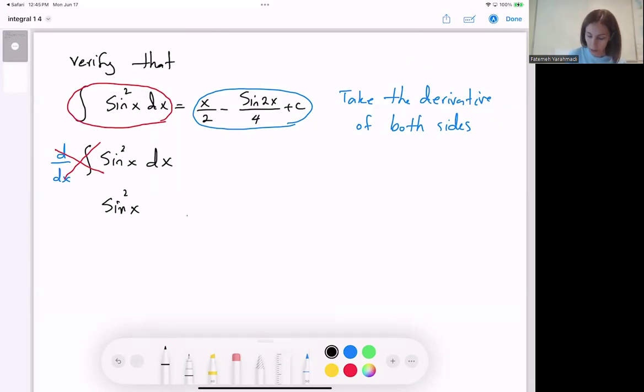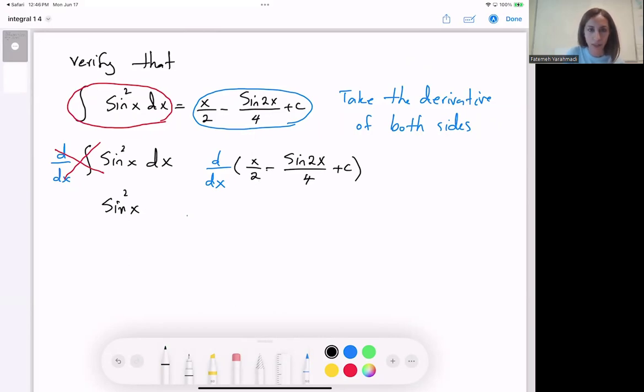On the right-hand side, if we take the derivative of this quantity, it is d/dx of x divided by 2 minus sine 2x divided by 4 plus constant of integration. Okay, what do we see here? You have x divided by 2.